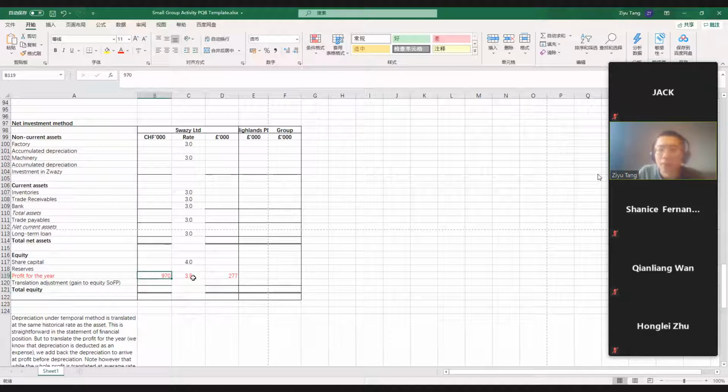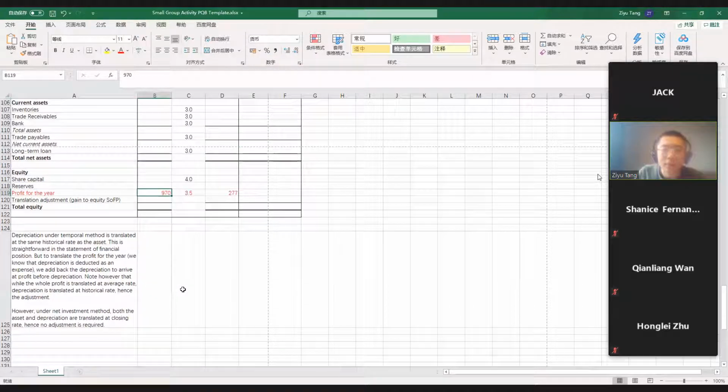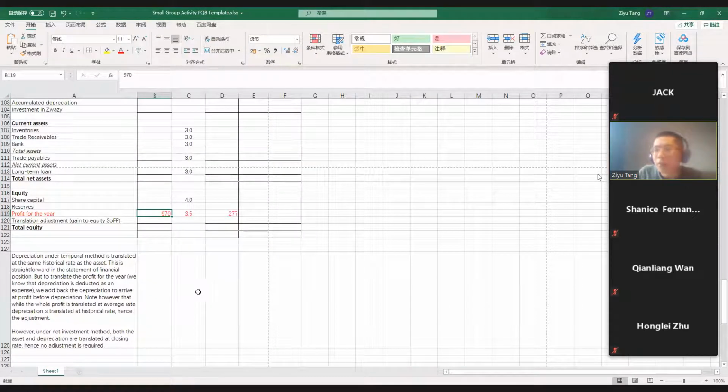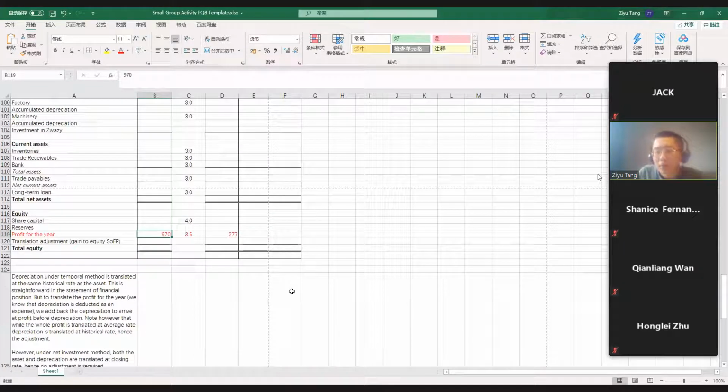Therefore, although the assets are calculated at depreciation value, which is 3, we don't need to make any adjustment. Honestly, personally, I still have some confusion about why we don't make an adjustment.